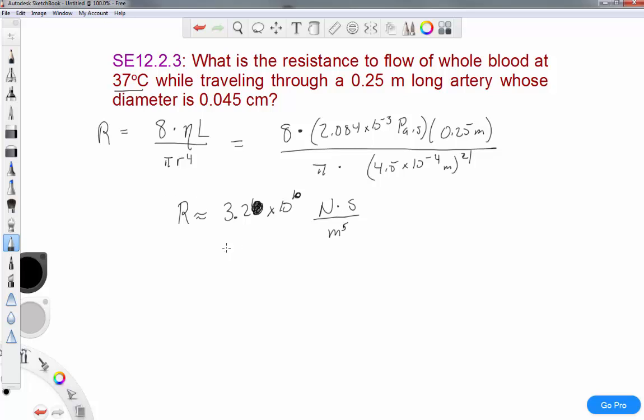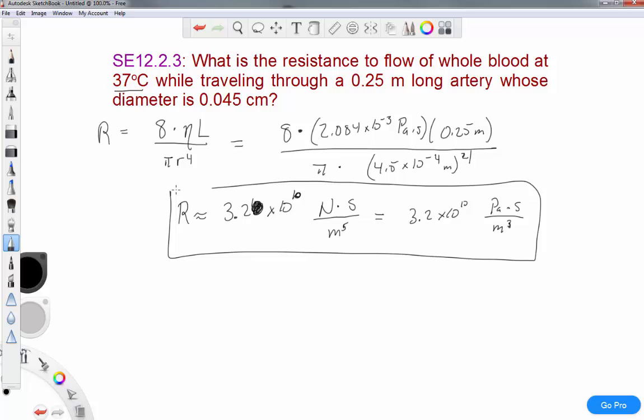That may be kind of an odd unit. You could also formulate this as 3.2 times 10 to the 10 Pascal seconds per meter cubed. So either of those is a valid way of expressing these units.